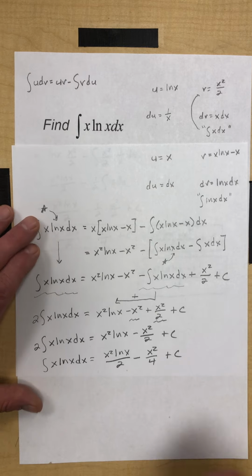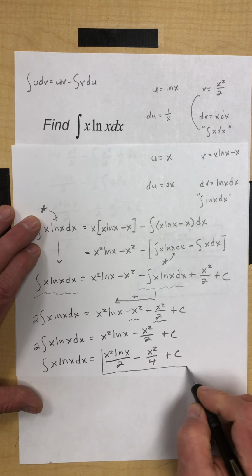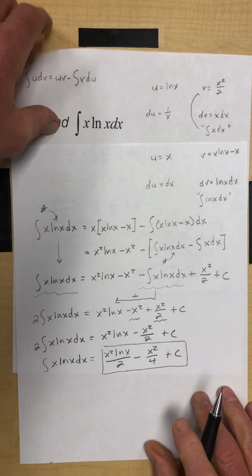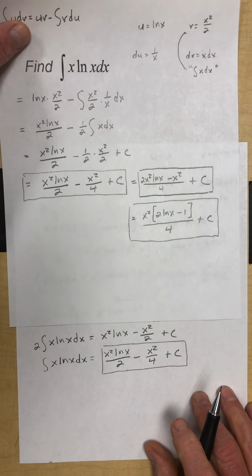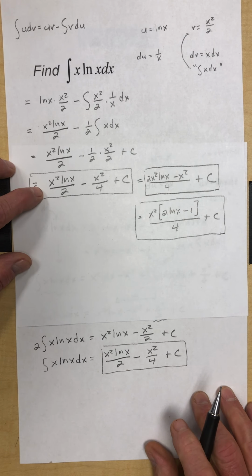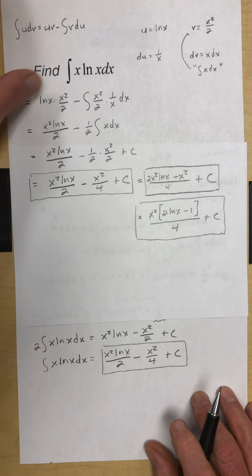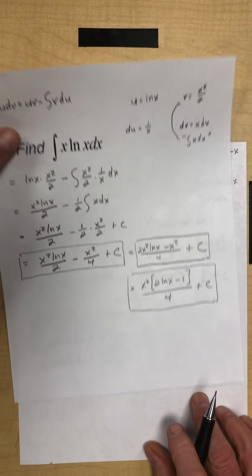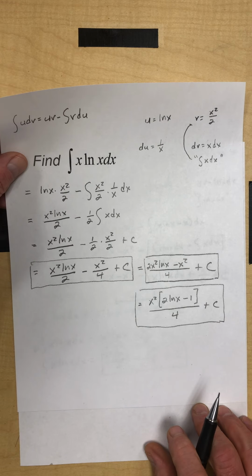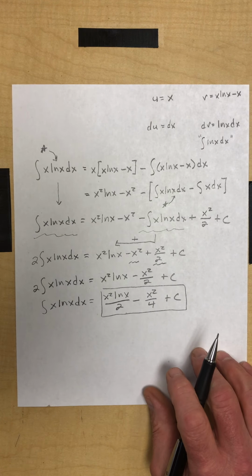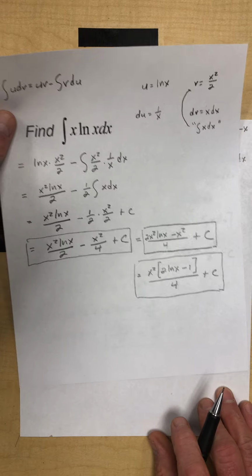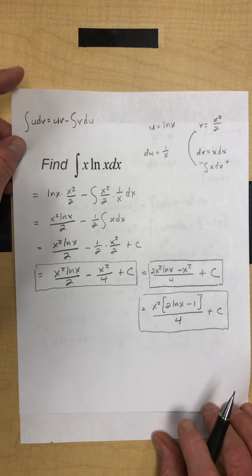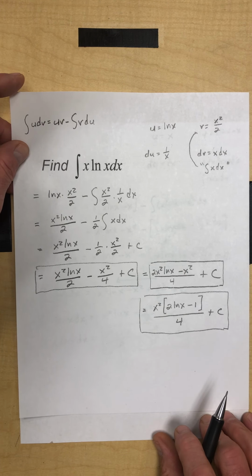And how about this? That guy right there. Isn't that the same thing right here? Same exact thing. And so you take a look at this guy and this guy, and I think that most of you would probably agree with me that this method here is a little bit easier.